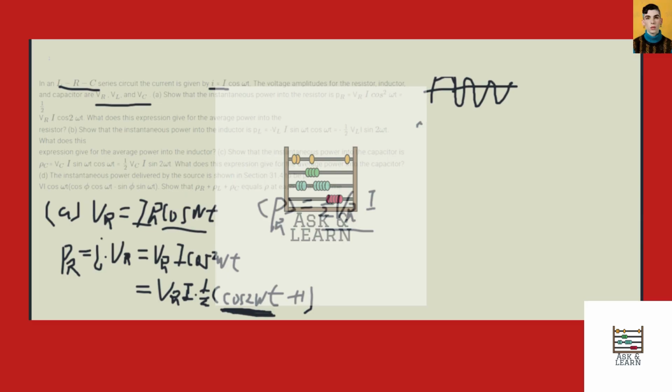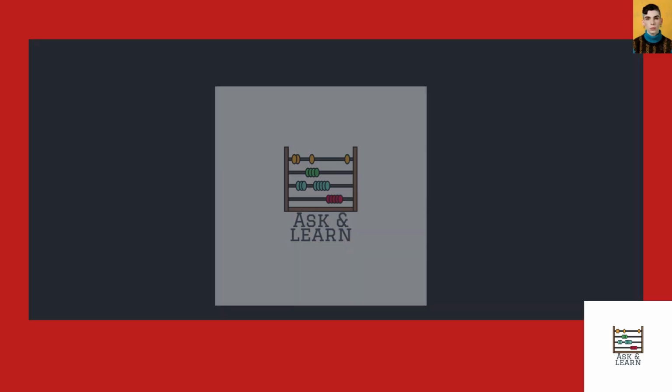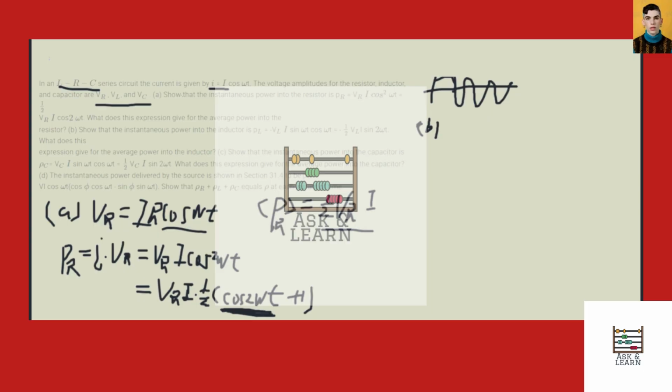And for part B, we want to find out the instantaneous power for the inductor. Because we know for the inductor, the voltage leads the current. In that case, VL will be equal to... no, it's not I times cosine in this case.